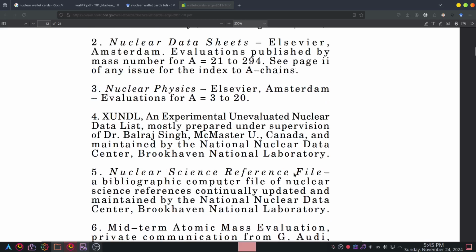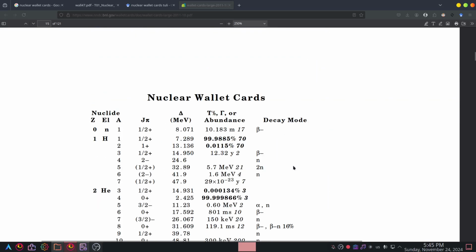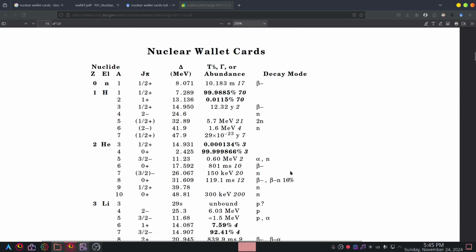Now, let's get straight to the point. How do we calculate a mass excess, or mass defect, or rather binding energy? Okay, so let's say we have here one example of a binding energy, and we'll use the wallet cards, and we are going to use this mass excess to help us.